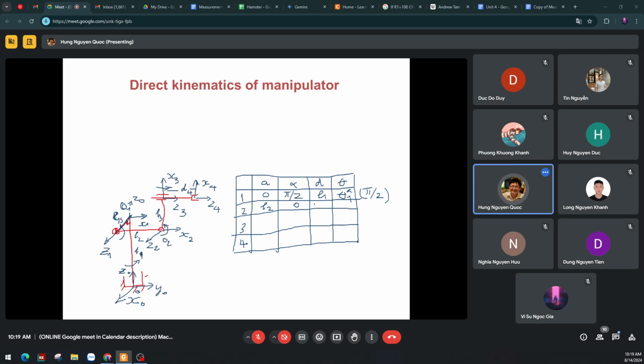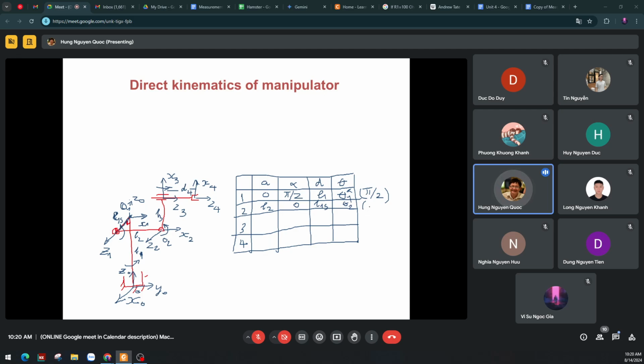L1S. You project O2 on this one, and the distance from O1 to this point is L1S. It is positive in this direction; if you choose X1 in the other direction, it is negative. Remember the value in this table can be positive or negative, depending on the direction of the axis. And this is of course theta 2.